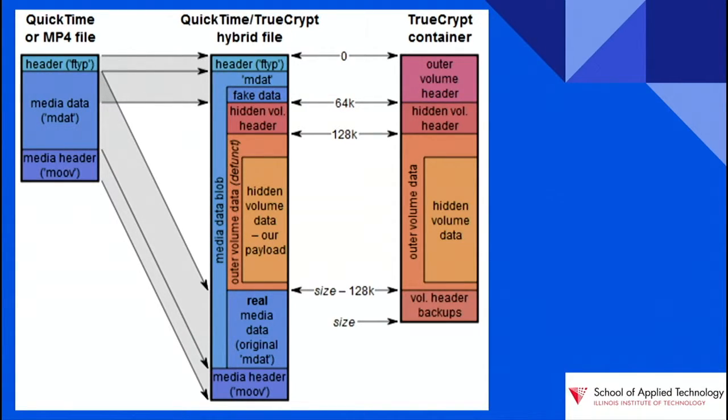And since MOV has STCO, which we mentioned earlier, which references the chunk offset at the start of the table, the script changes where the start is, so that it moves the media to the end of the hidden volume, and it just pretty much skips the insertion that we made.